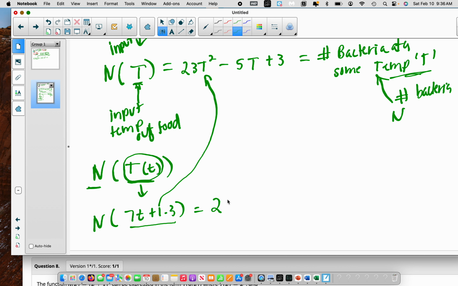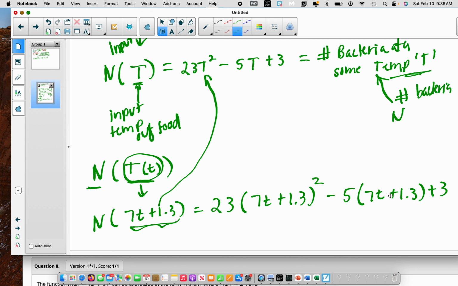So this becomes 23 times 7t plus 1.3 squared minus 57 times, okay, this is my temp here, 7t plus 1.3, plus 3. Everywhere I see a T in my N function, I replace it with 7t plus 1.3.